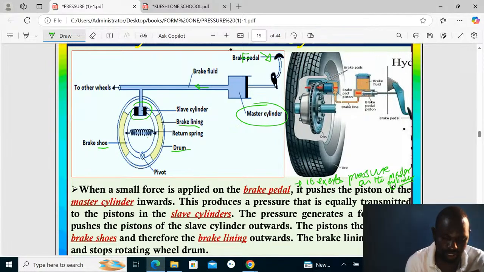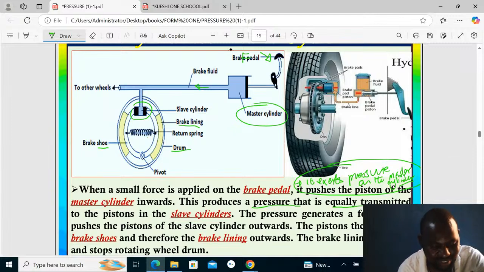This produces a pressure that is equally transmitted. Remember, we are using Pascal's principle. It is equally transmitted to the other pistons, or we can say it in this manner.